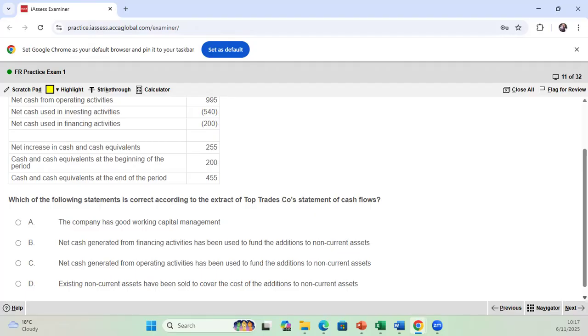When we are at cash flow, an increase in current assets actually means money is not coming in. So I think the correct answer is C, because yes, my operating activities can actually be higher.